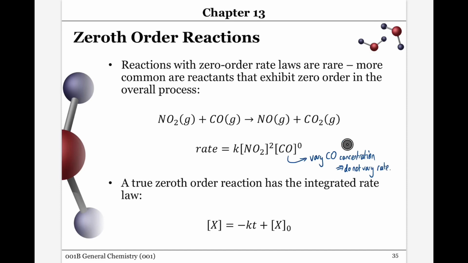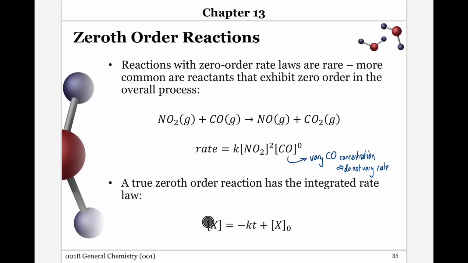So it's very rare to have any kind of reaction that's overall zeroth order, but it's much more common to have certain reactants present that are zeroth order. If we were dealing with a reaction that was zeroth order overall, then we could derive an integrated rate law, and the integrated rate law would look like this.